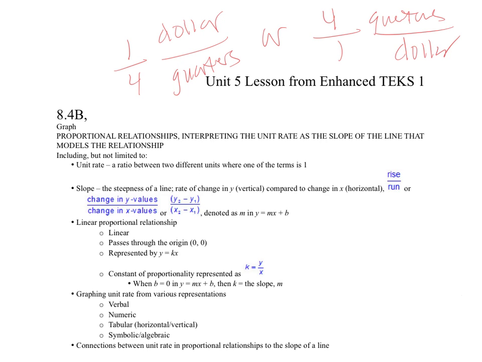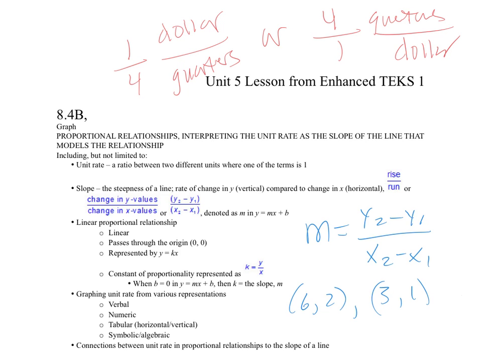Let's talk about the change in x and change in y. So we know that this is the slope formula, which tells us that the second value of y minus the first value of y, divided by the second value of x minus the first value of x. And if you have two ordered pairs, let's just say (6, 2) and (3, 1), just using something really simple, when you're looking at slope, you're just going to input this.